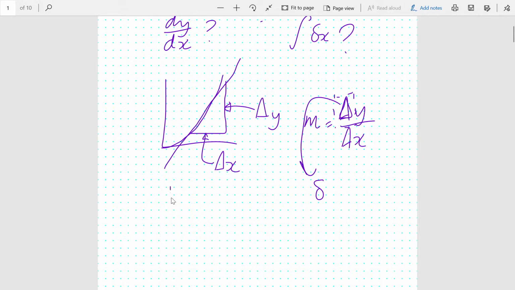But of course, when you have the curve and you're looking at an infinitely small change in x and change in y, an extremely small triangle from which you're calculating the gradient, then the small change in x that you're measuring and the small change in y that you're measuring are different from the uppercase delta, because that is a big change.